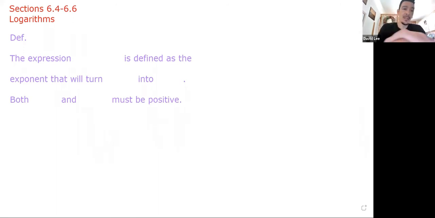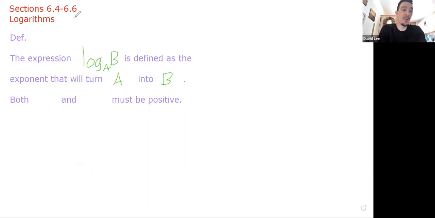So definition, the expression log base a of b. You guys can jot this down here. The expression log base a of b is defined as the exponent that will turn a into b.